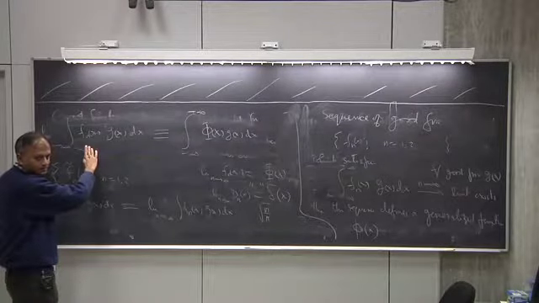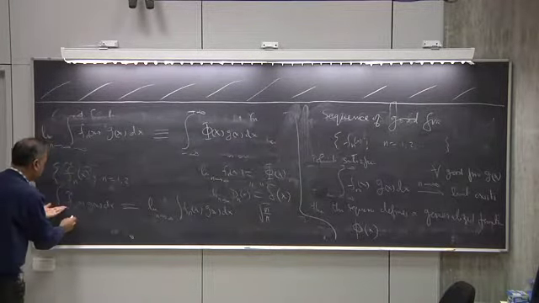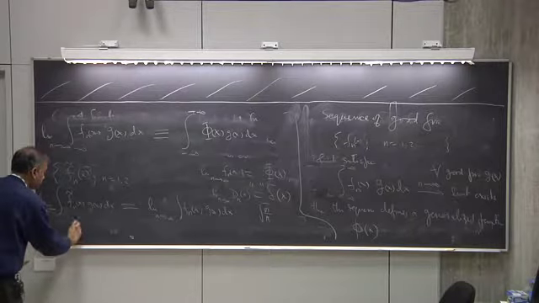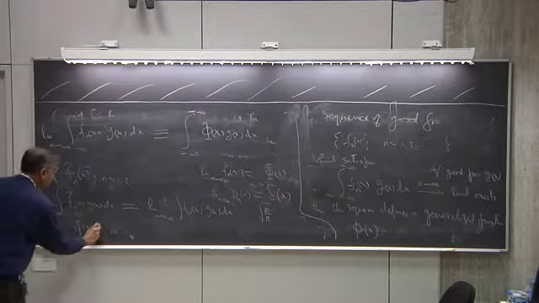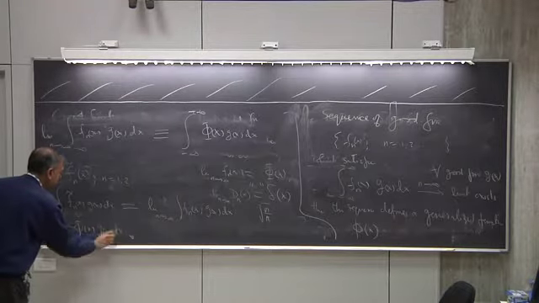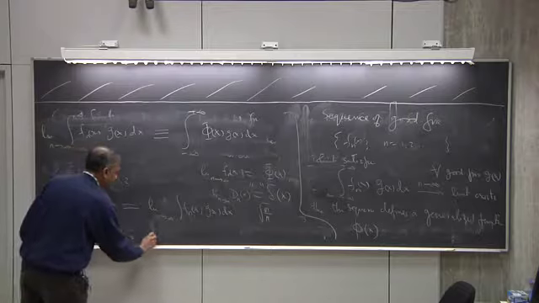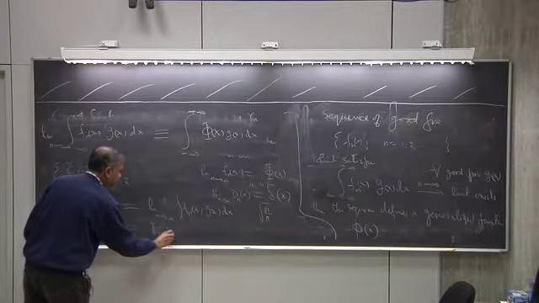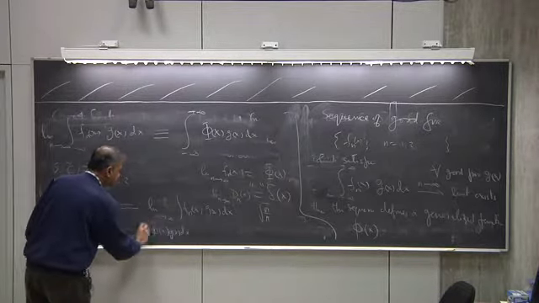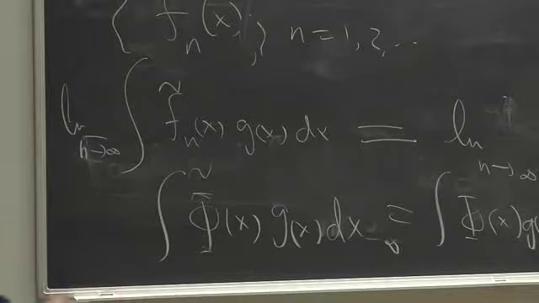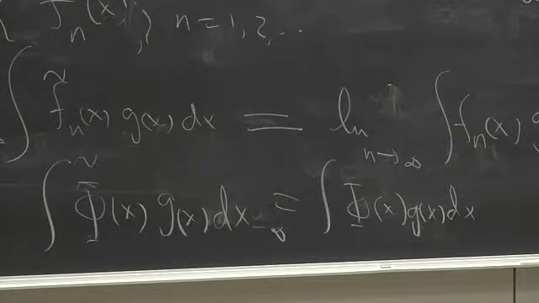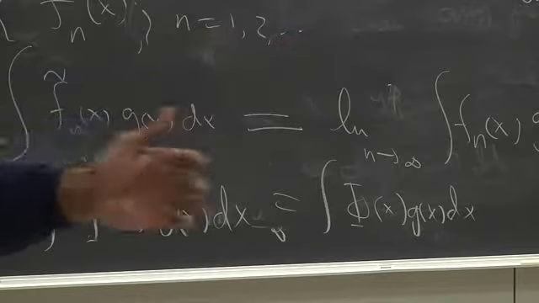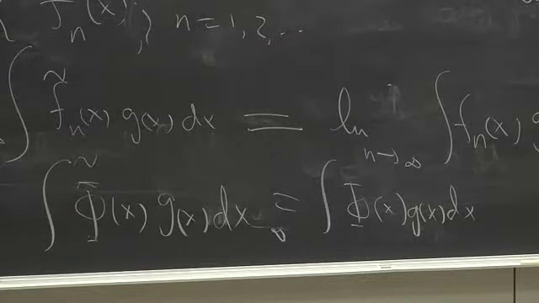If this defines for you some phi tilde of x, then this integral is the same as the phi of x gx integral for every g. In that case, you say that phi and phi tilde are the same generalized function. So there can be many different sequences which define the same generalized function.